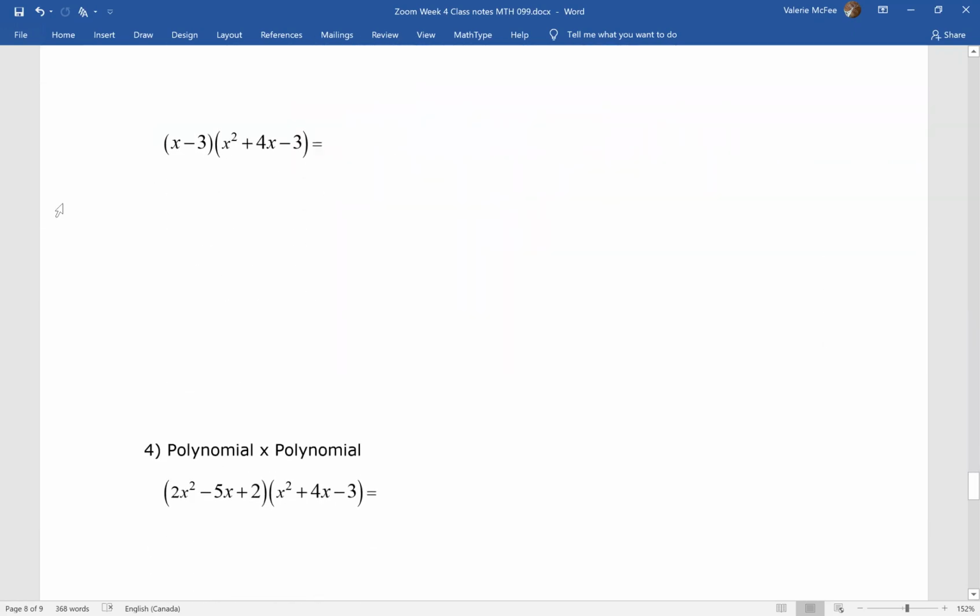Now we have a binomial times a trinomial. Why don't you pause your video, try writing out the first line. x times the second bracket minus 3 times the second bracket.